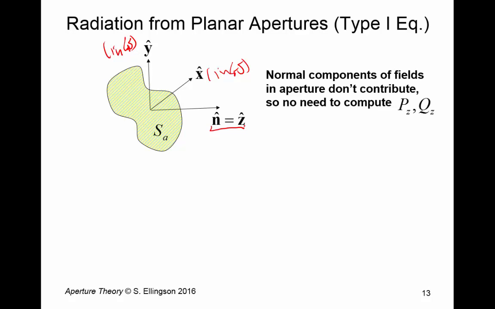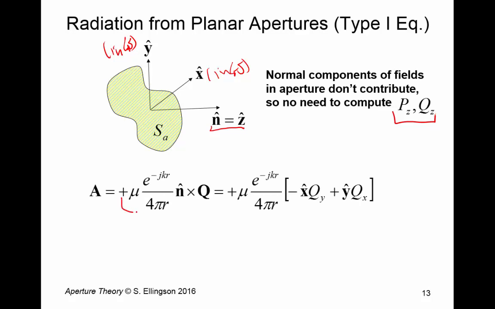In other words, the cross product between two vectors is proportional to the sine of the angle between those vectors. So when the vectors point in the same direction, sine theta is 0. So it's clear that we will not need to compute the z components of the spatial Fourier transforms for that reason.